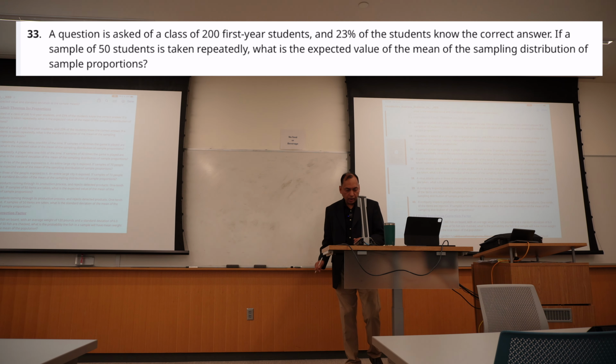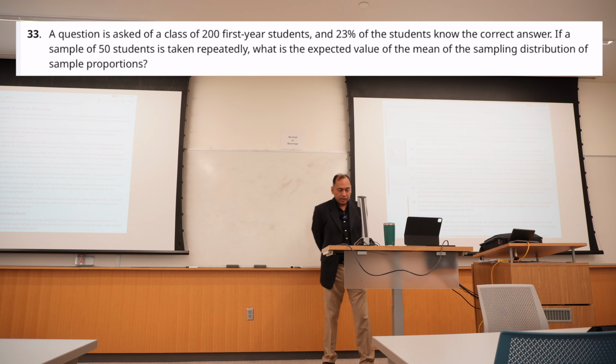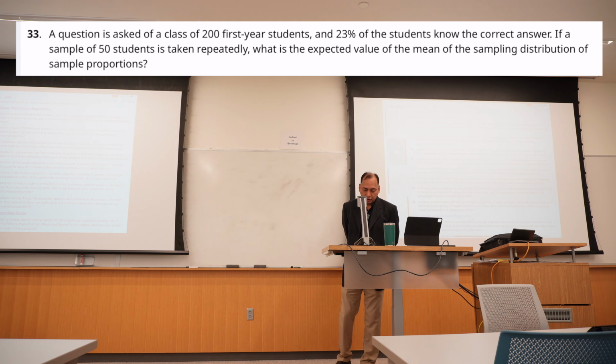A question is asked of a class of 200 first-year students, and 23% know the correct answer, so that P is given, or average P. Average proportion is 0.23, so 23% is 0.23. If a sample of 50 students is taken, what is expected value of mean of sampling distribution of sample proportions? So expected value is nothing but mean.